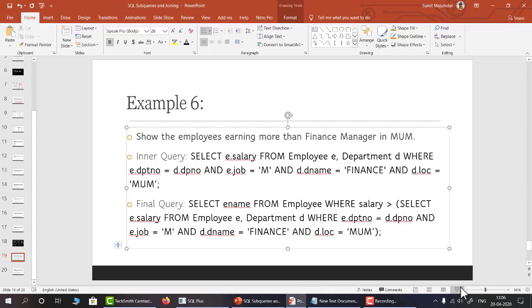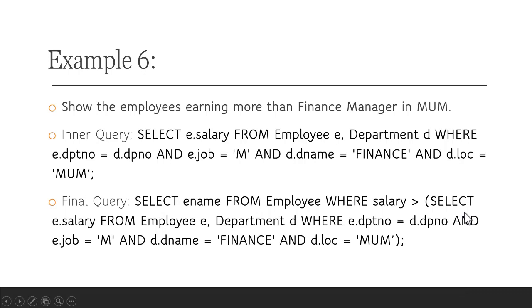The next problem is: show the employees earning more than the finance manager in Mumbai. Here we are going to use the joining concept as well as the subquery concept. In the inner query, we are going to get the salary of the finance manager in Mumbai.